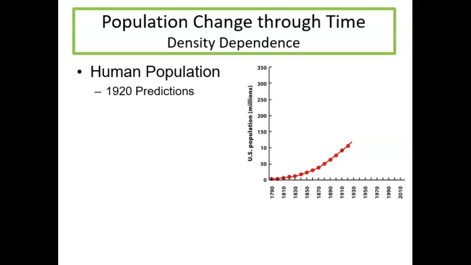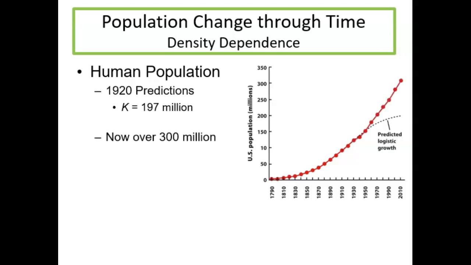So in 1920, the human population has been growing. The United States population is about to this point that we see on the graph. And then predictions are made that the carrying capacity for the United States is around 200 million individuals. All right, so let's see what happens. Current U.S. population, 300 million.